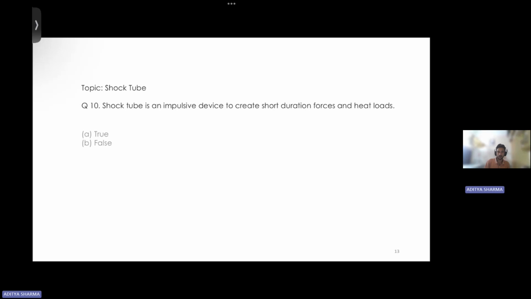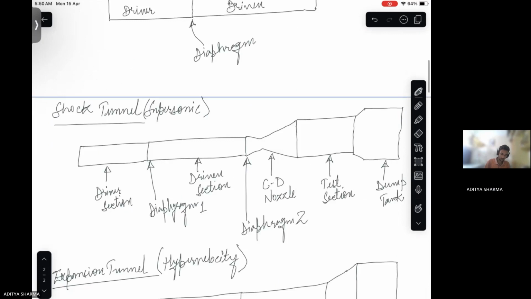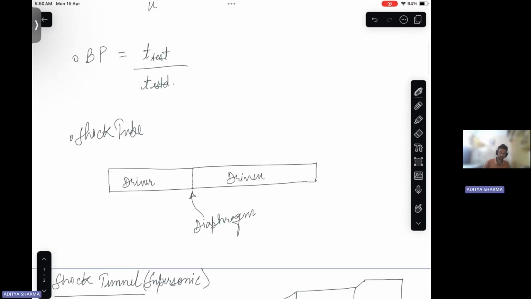So if you see the schematic of a shock tube, I have already drawn it. Right? So in it we have a driver section and then we have a driven section, and these two sections are separated by a diaphragm, right? And then what we do is we provide this driver section with some gas. Right?